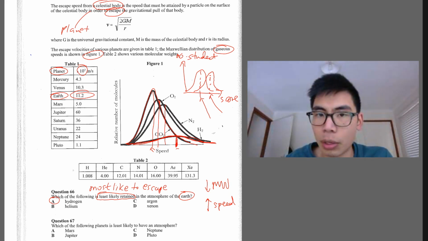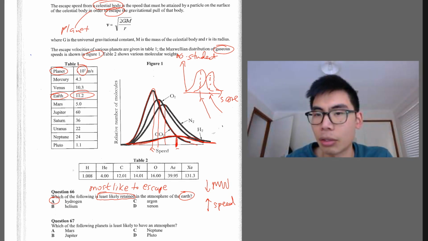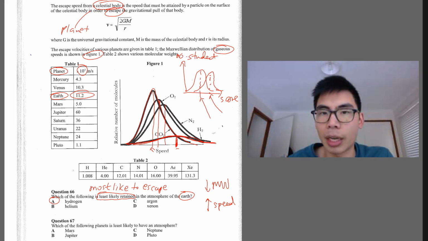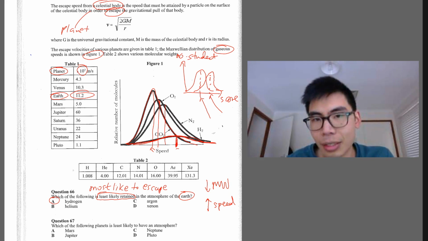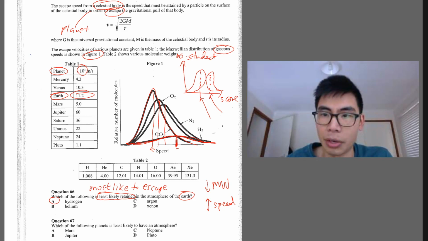Yeah, there is a bit of assumed knowledge, which is that you have some familiarity with what hydrogen, helium, argon, and xenon are, which are that they are gases or elements. I guess it helps to know what celestial means, which is to do with space. Okay, but there's nothing really very technical that you need to know.